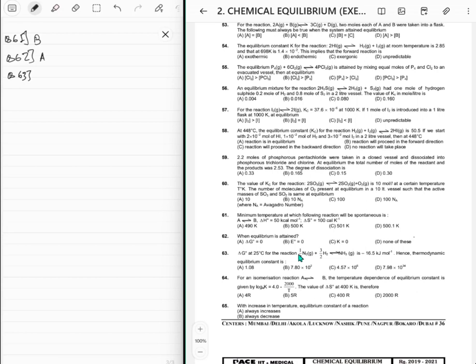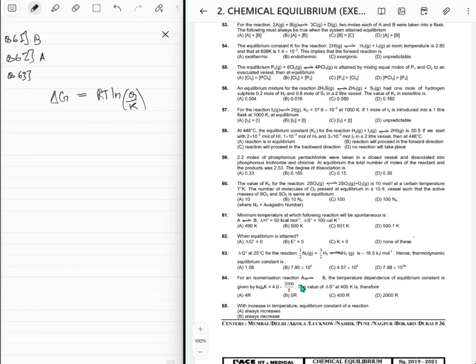Delta G at 25 degrees Celsius for this reaction is given, hence the thermodynamic equilibrium constant is? So they just gave delta G, find the thermodynamic constant. You know that delta G is basically delta G initial condition plus RT natural log of Q upon K. When Q is less than K, delta G is negative, so it's spontaneous.